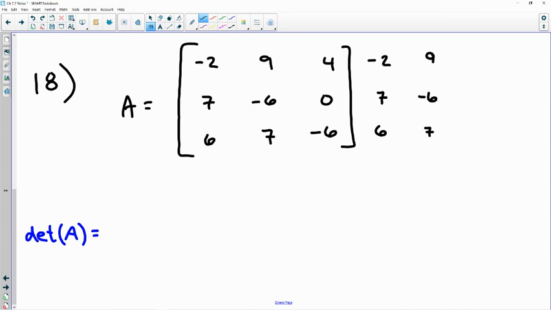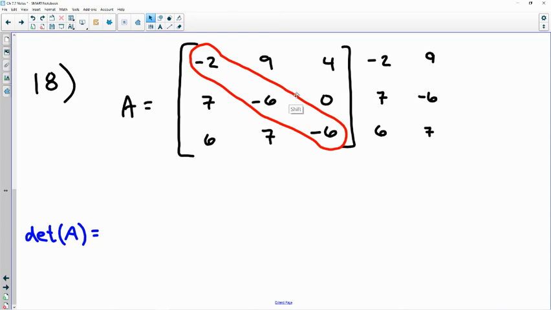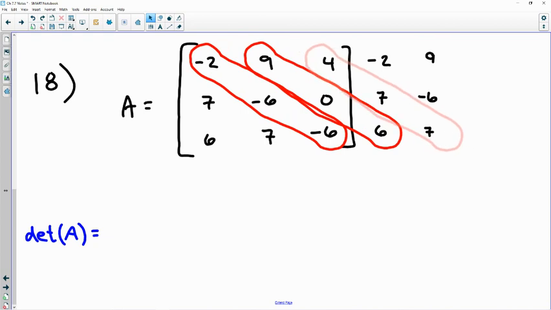Okay, so you guys are going to be doing down diagonals. So go ahead and figure those out. So this multiplied together plus this multiplied together plus this multiplied together. Go ahead and do that.